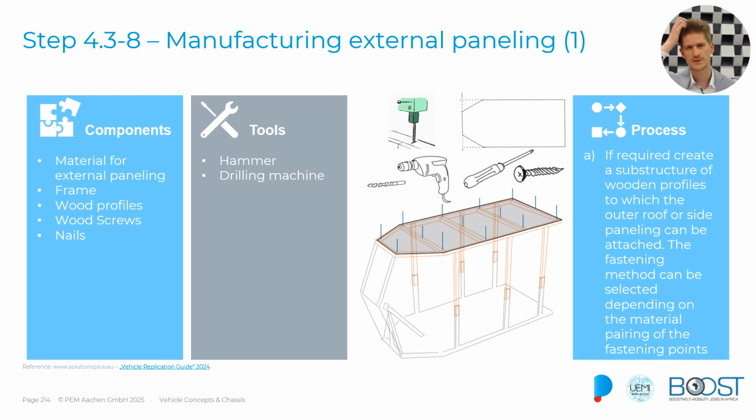So if we manufacture the external paneling, we have the paneling material, frame, wood profiles, wood screws, and maybe some nails. We need a hammer and a drilling machine and some screwdrivers. And the process is that you create, again, the outline of the needed substructure from the wooden profile, and the paneling can be attached to that.